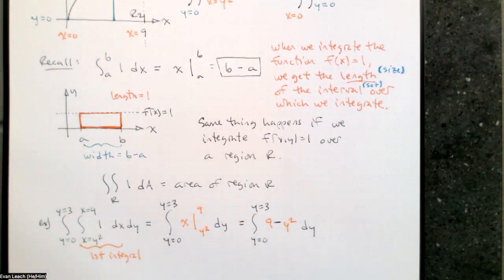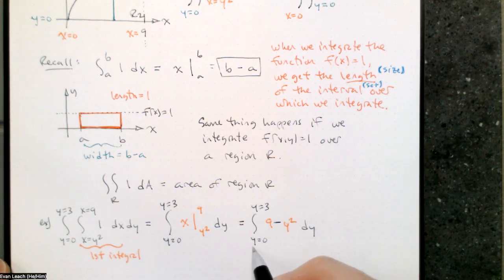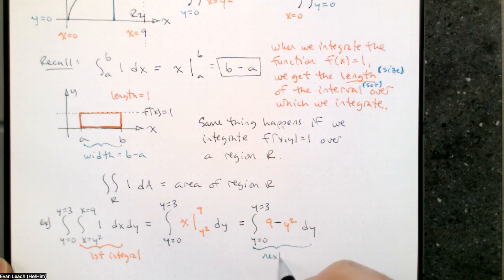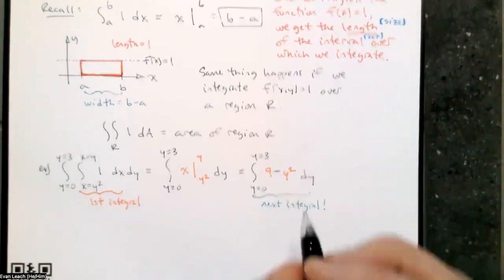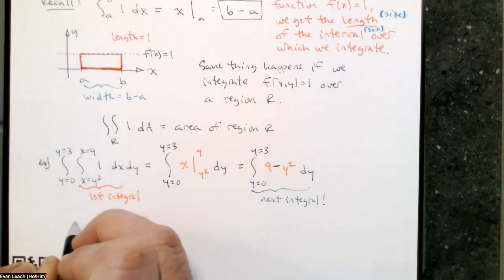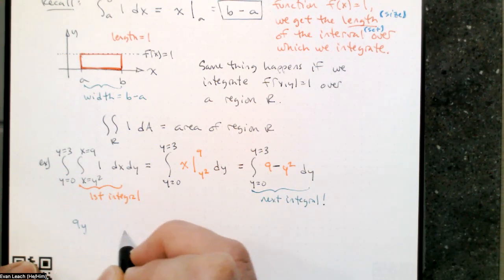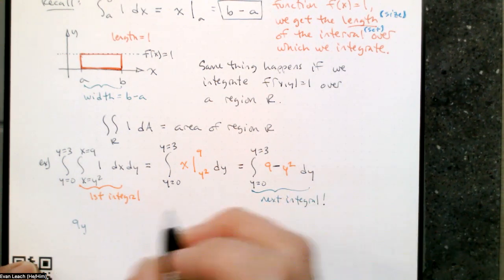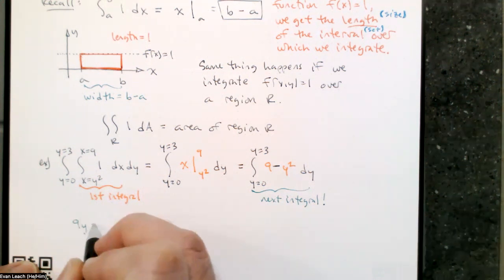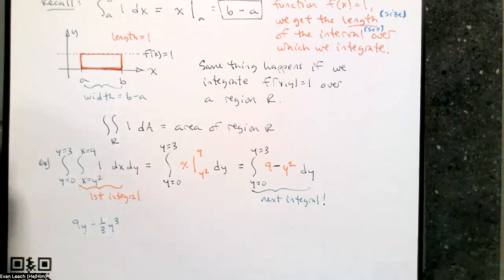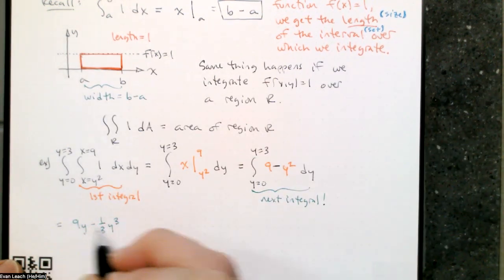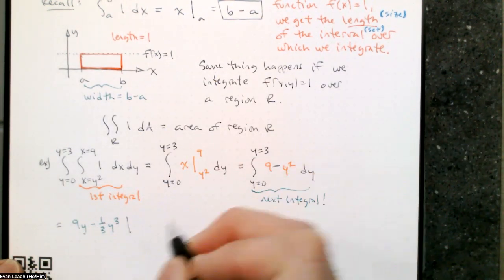Now we can do our second integral. Now we're integrating dy, so the integral of 9 dy is 9y. The integral of y squared dy is 1/3 y cubed. And we're going to evaluate from 0 to 3.